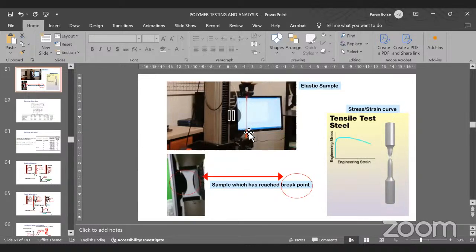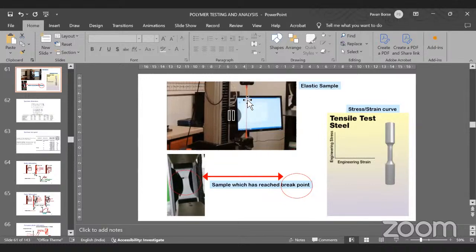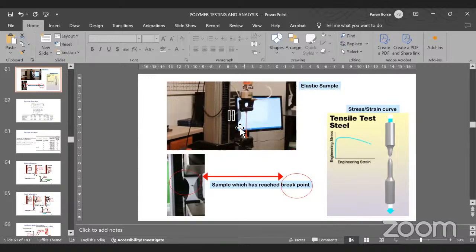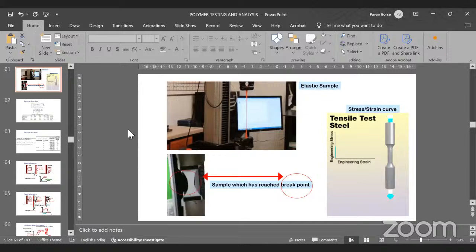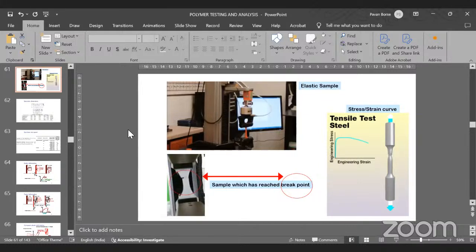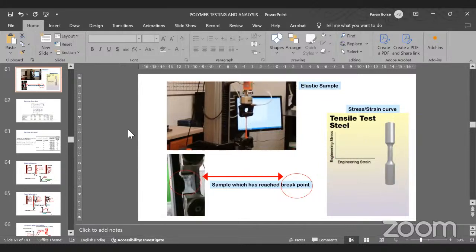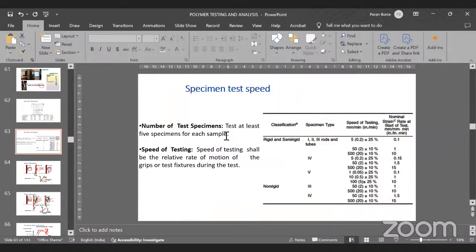At some constant speed, it is moving in the upward direction to stretch the polymeric specimen. So that speed is also mentioned in your standards, whichever standard we are using to test this kind of property of polymer.